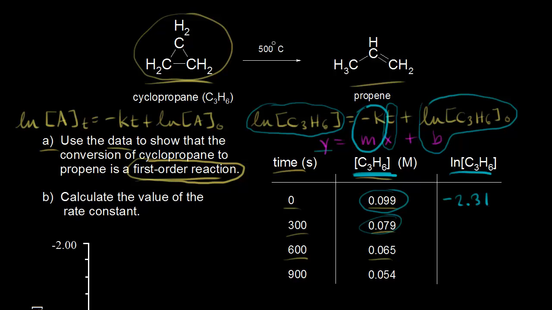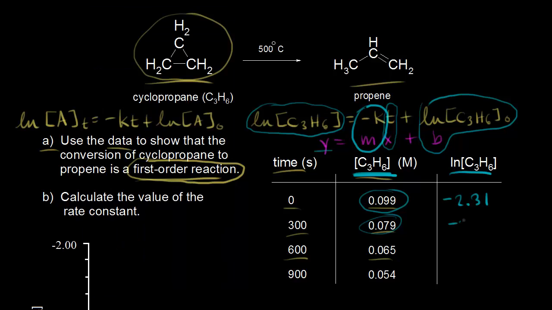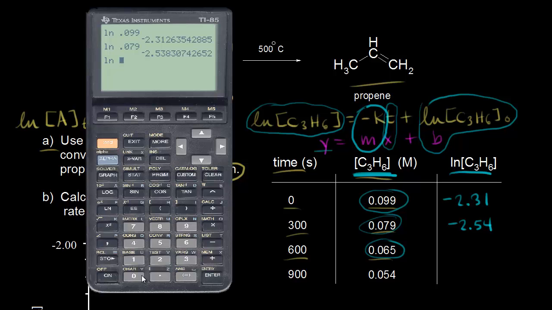Next, the natural log of 0.079 gives us negative 2.54. Next, the natural log of 0.065 gives us negative 2.73.